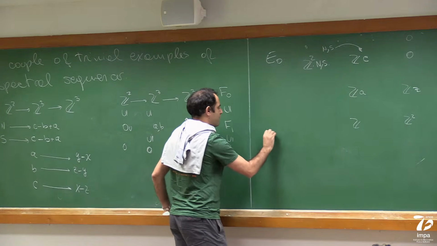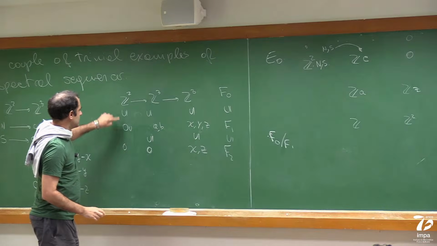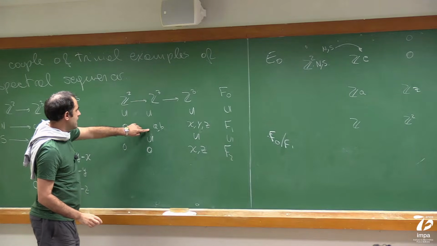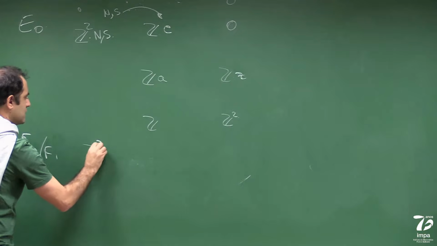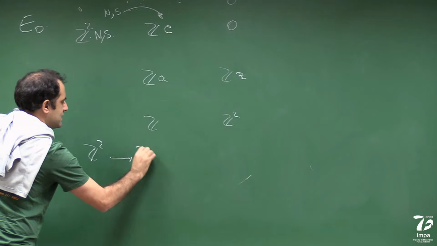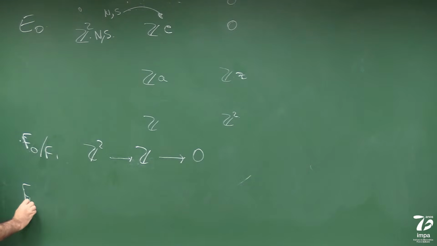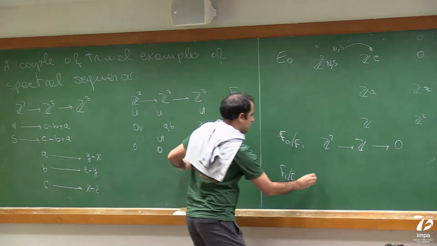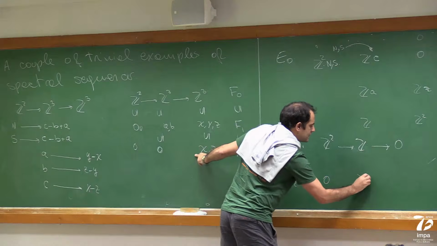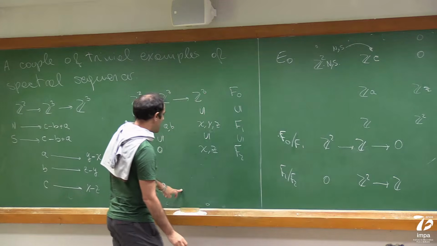So what is F0 divided by F1? It has Z2, it has Z, and it has 0. What is F1 divided by F2? This looks like a Z2 and a Z. So it has 0 here, Z2, and Z. And what is F2 divided by F3?